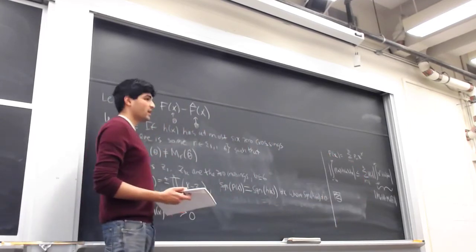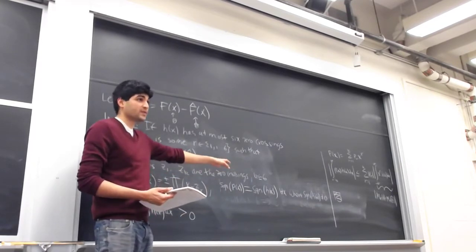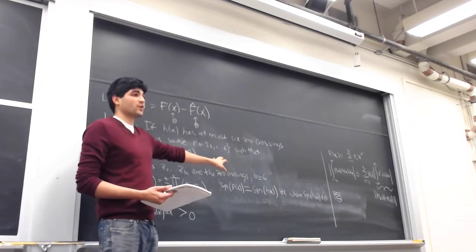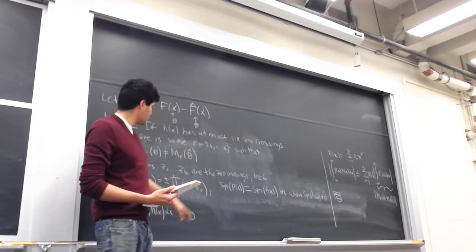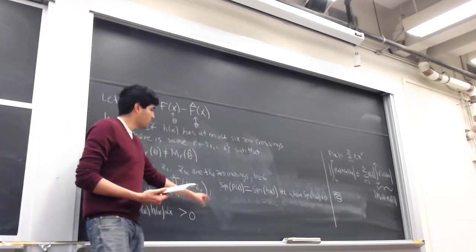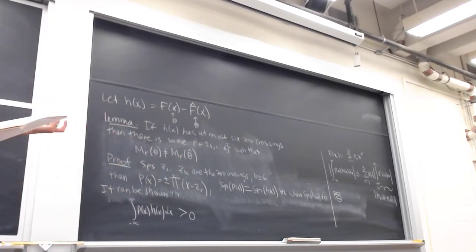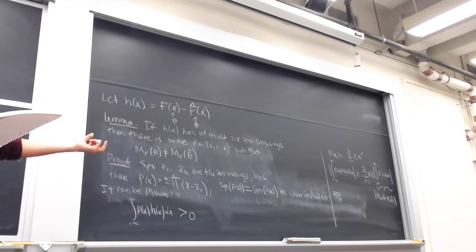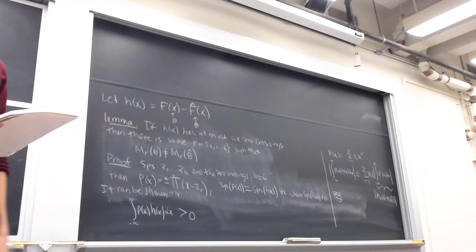So as soon as h of x has some simple form that it doesn't cross the 0 axis at most 6 times, then it implies that one of the first 6 moments is different, because we can explicitly construct this low-degree polynomial that correlates differently. Now, if you want to prove the real main lemma with all these quantitative bounds, then you would need to be careful about how non-zero this p of x is, and what you're actually implying about the difference in one of the first 6 moments. But this is the heart of the argument, is just in showing you have at most 6 0 crossings.